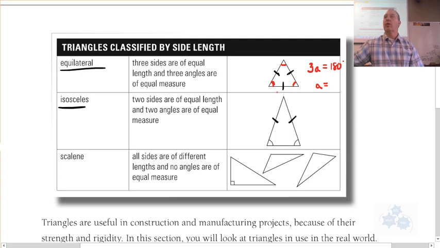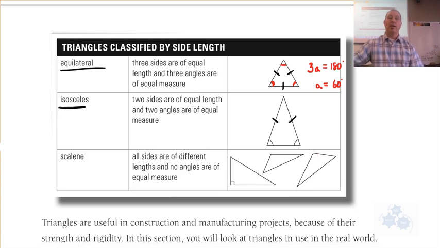All the angles are equal. So what plus itself again, or what is 180 exactly divided by 3? Anybody? 60. 60, yes. So each angle is 60 degrees.